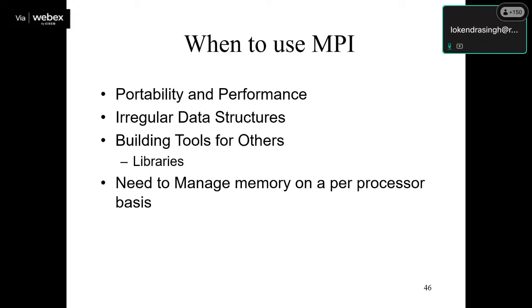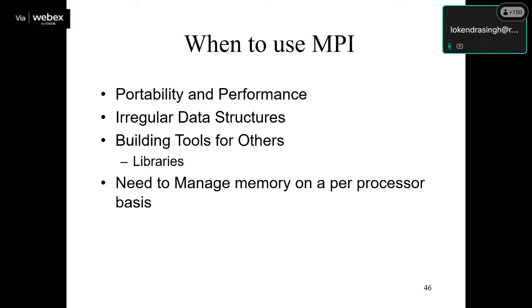Performance means if you want a program to have speed up and efficiency, we can use MPI. If there are different or irregular data structures in the programs, we can also use MPI programs.